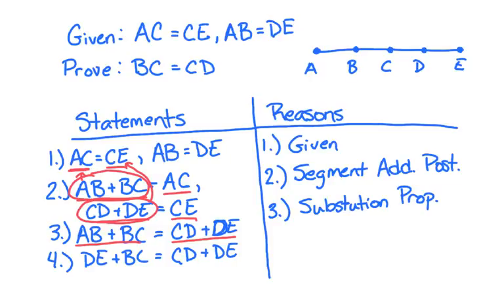That's the only thing that changed between 3 and 4. And they were able to substitute it because of this statement right here, AB equals DE. All right, so we substituted in, and let's write substitution again.